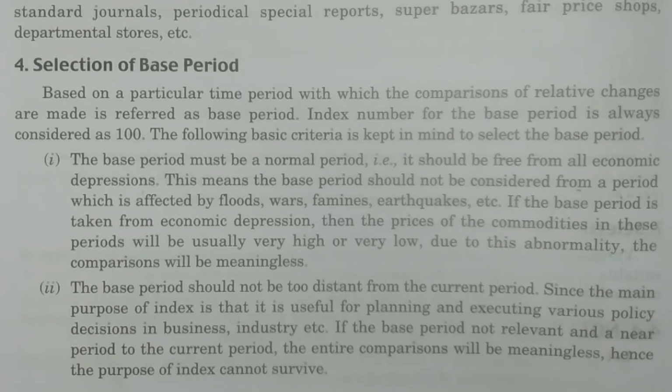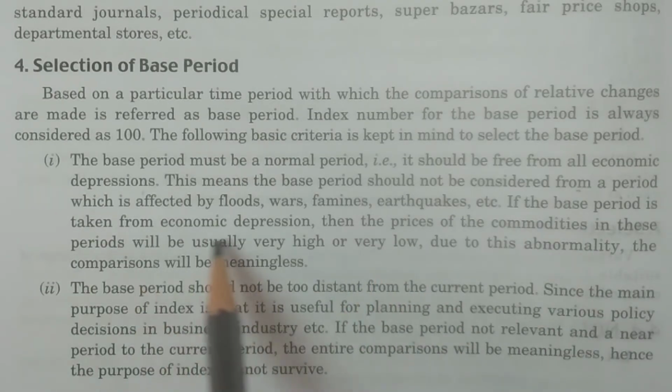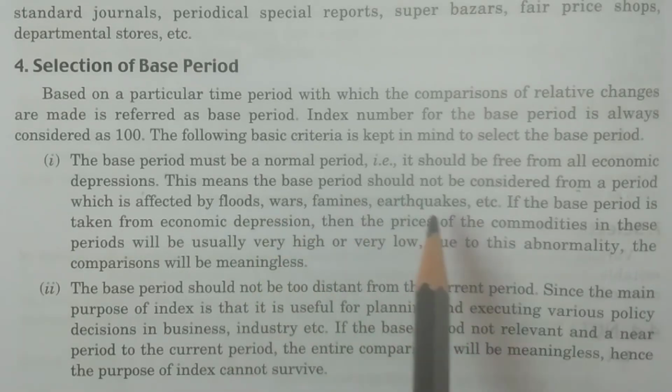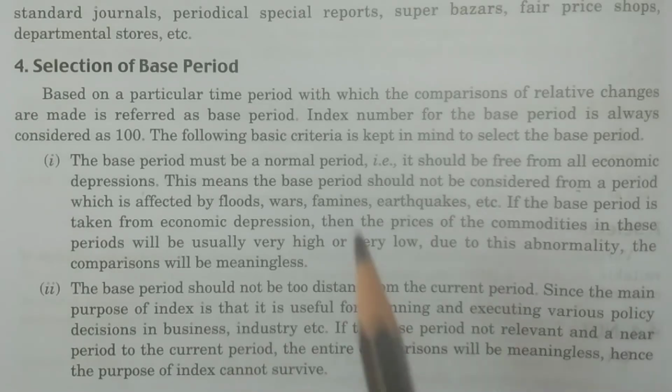Which flood took place, we should not consider that particular period as a base period. If the base period is taken from the economic depression, then the prices of commodities in these periods will be usually very high or very low due to abnormality, and the comparisons will not be meaningful. So therefore, base period must be a normal period.